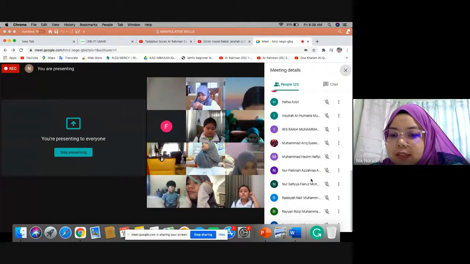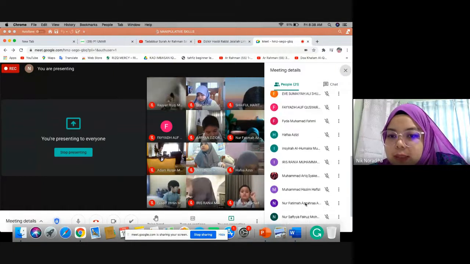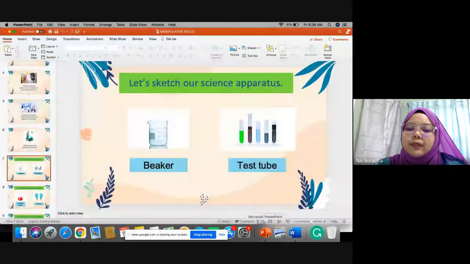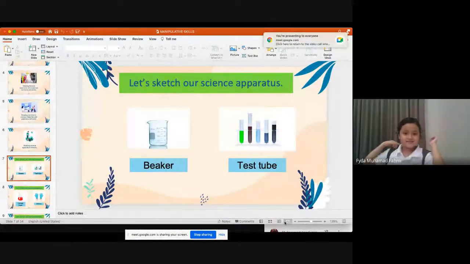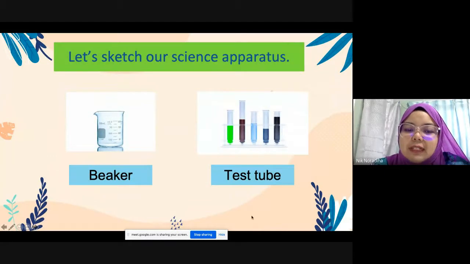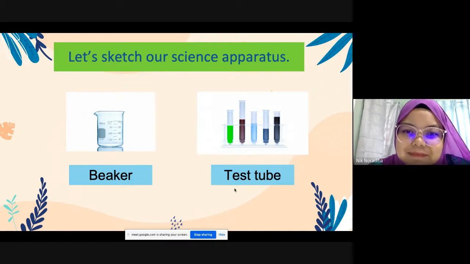So teacher wants to ask, aside from beaker, test tube, glove, filter funnel, can you share with teacher another science apparatus that you know? We already sketched 6 in our Tatan book before.